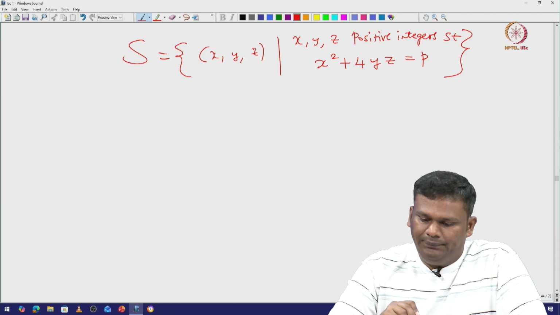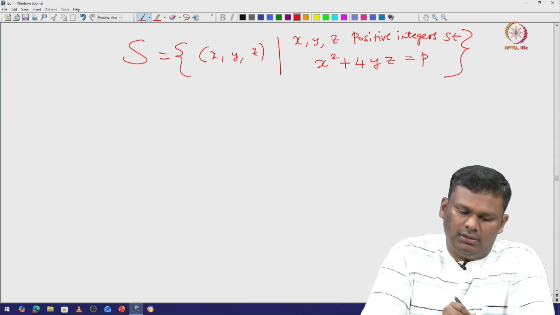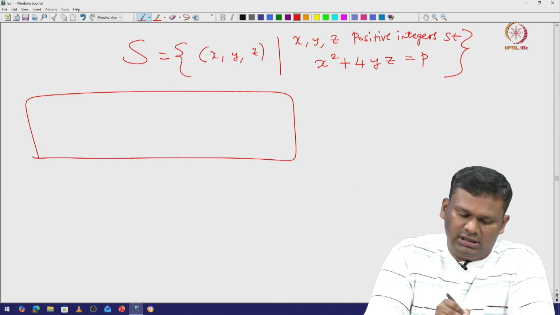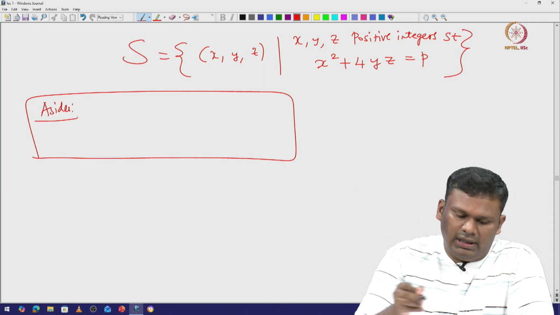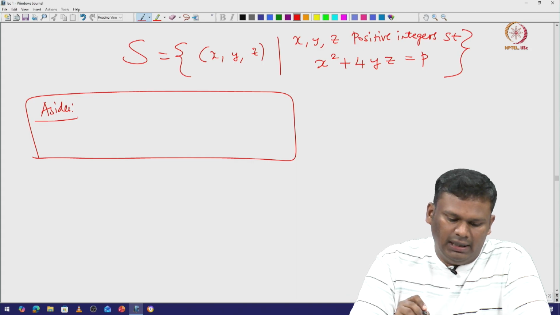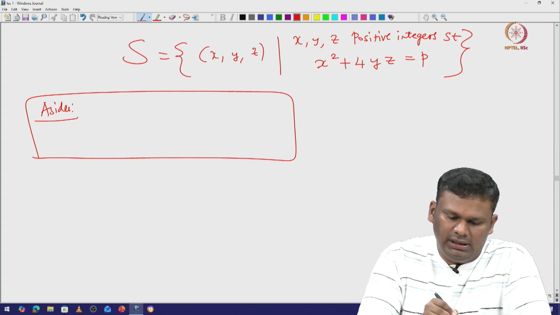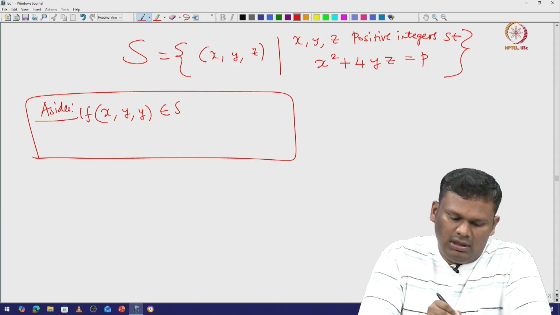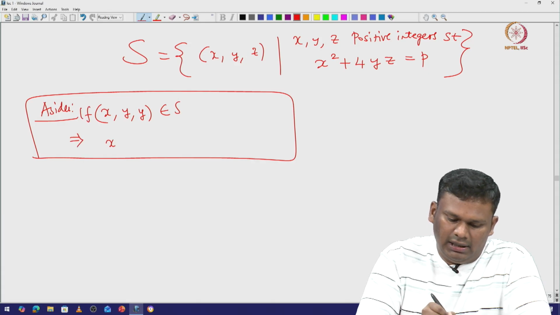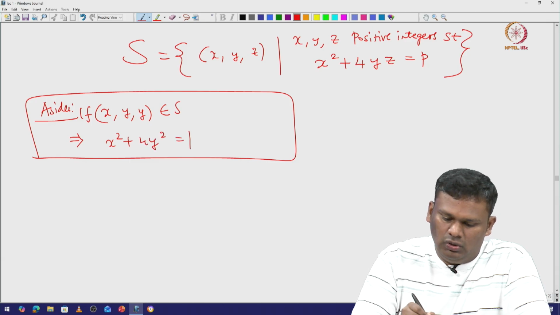Now if you think about it, if you can take an element like (x, y, y) in this set S, then that would imply immediately that x squared plus 4y squared is equal to p.